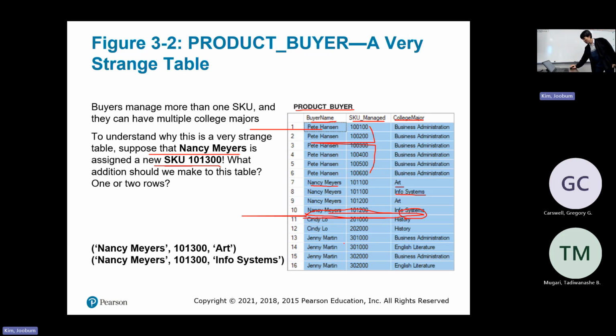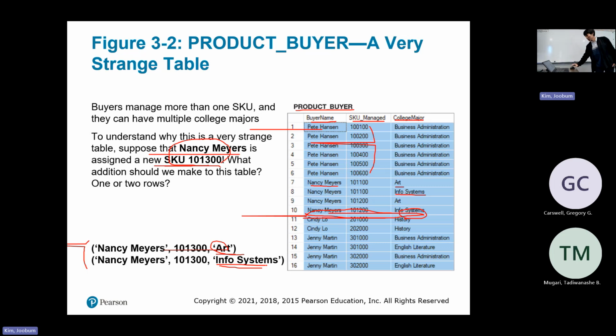That's why we have to add two rows, art and information system. It may seem a little strange and weird. I'd like to add only one row, Nancy Mayers 101300, but actually in the table we have to add two rows: art and information system.